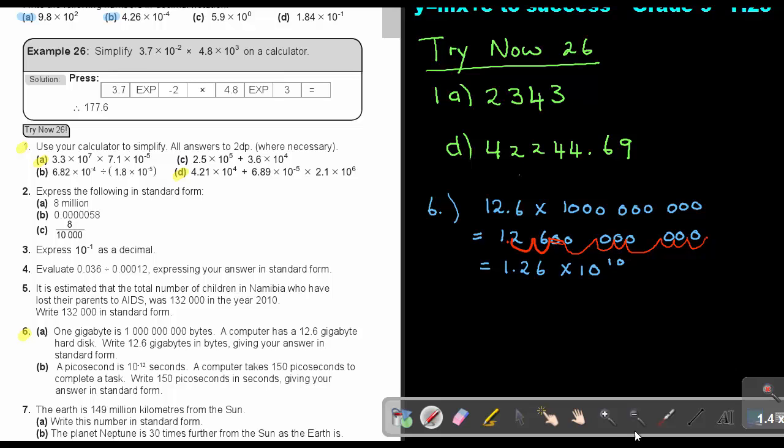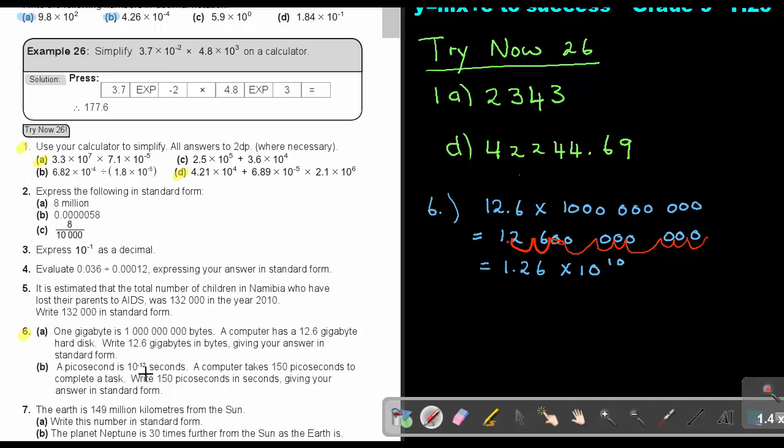Then we continue. A picosecond is 10 to the power negative 12 seconds. A computer takes 150 picoseconds to complete a task. Write 150 picoseconds in seconds, giving your answer in standard form. So what are we going to do in this one?